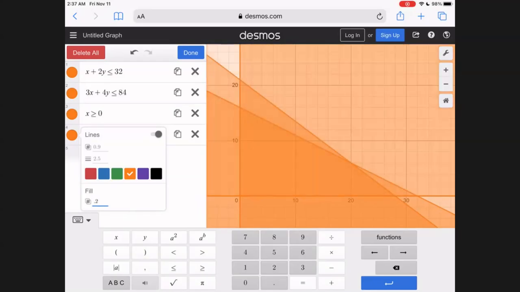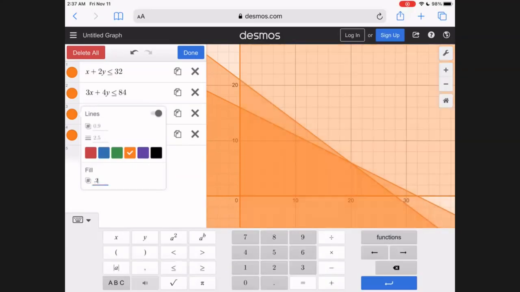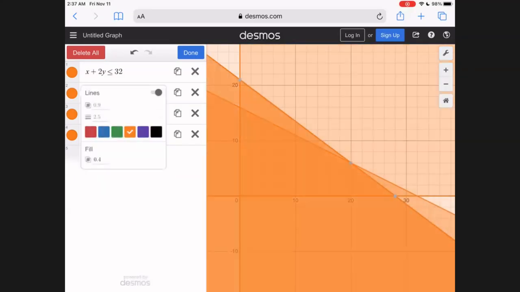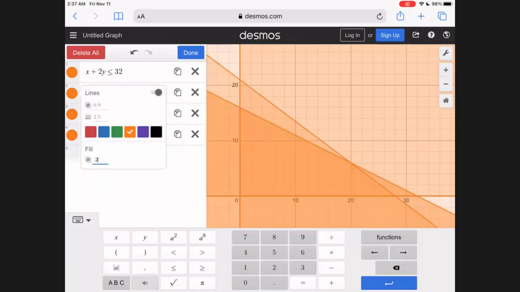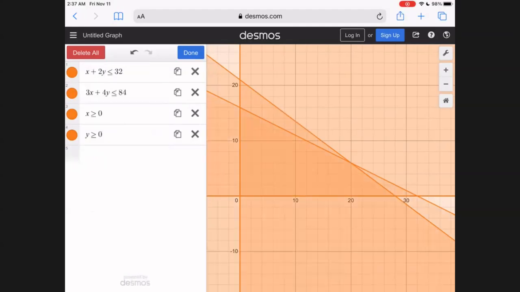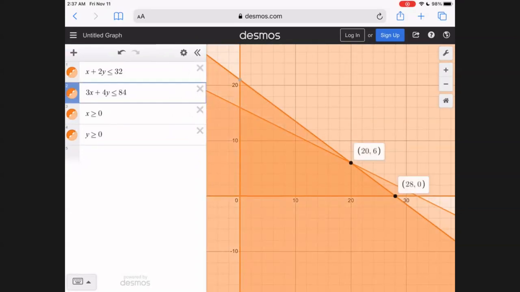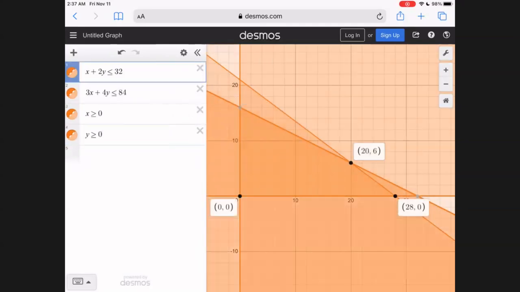And then you could change the other ones as well, to 0.2, if you're having trouble seeing where the shaded area is. Right? So now if we look at this, we see the darkest shaded area would be right here. Right? So these are your 4 corner points, okay?